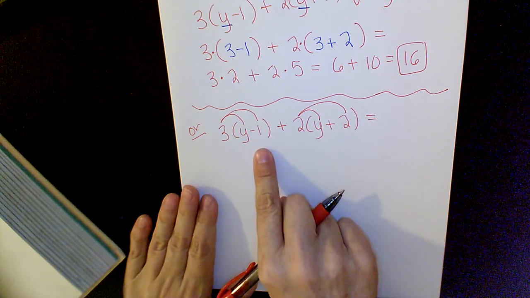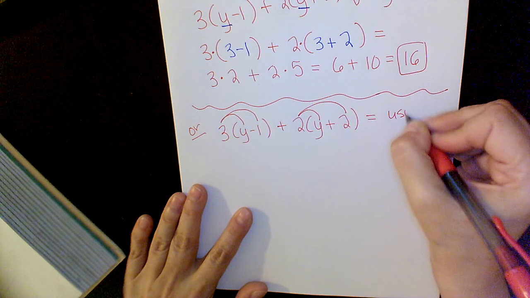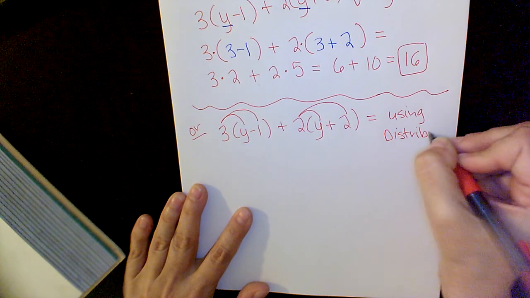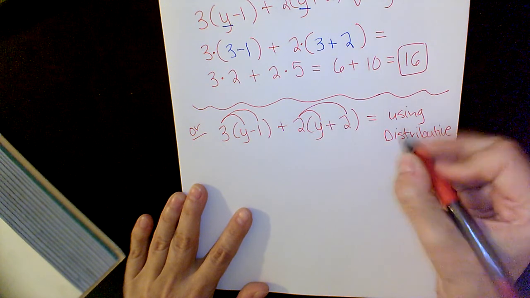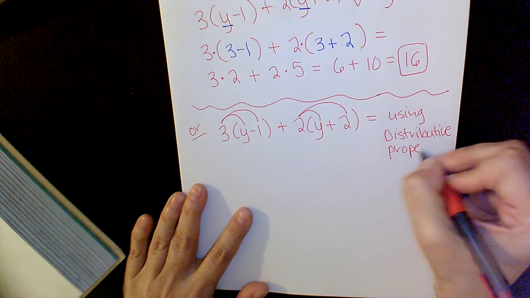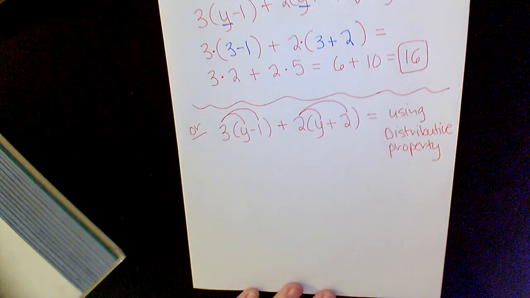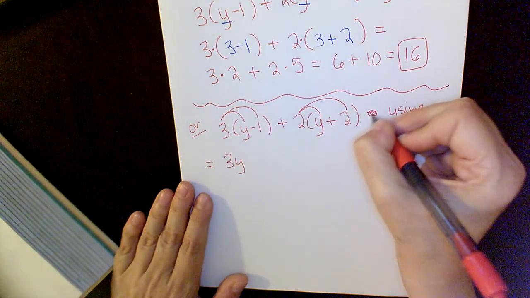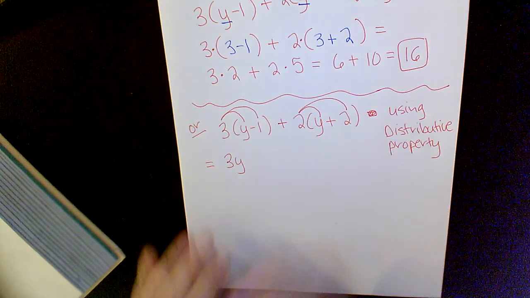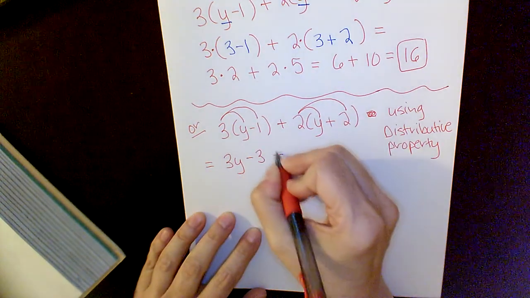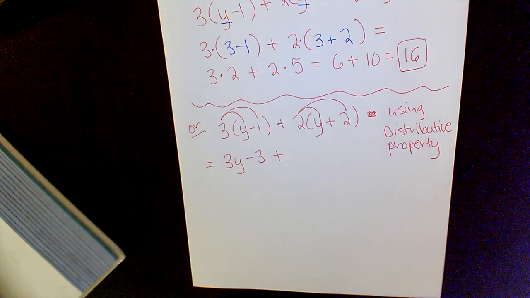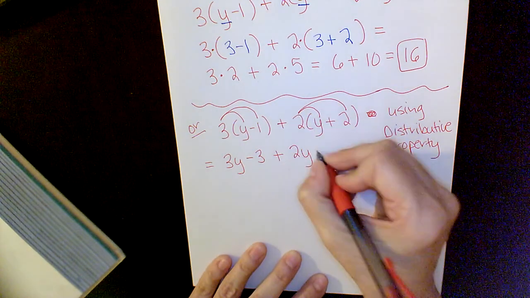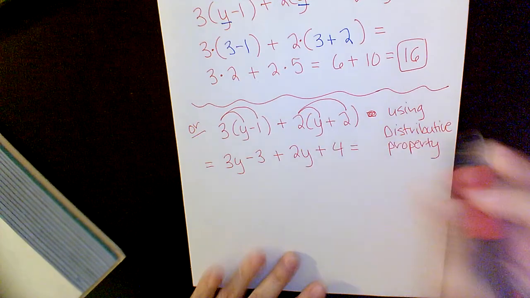So using the distributive property, let me write that here, in case you need a refresher. 3 times y is 3y. 3 times negative 1 is minus 1. 2 times y is 2y. Then 2 times 2 is 4.